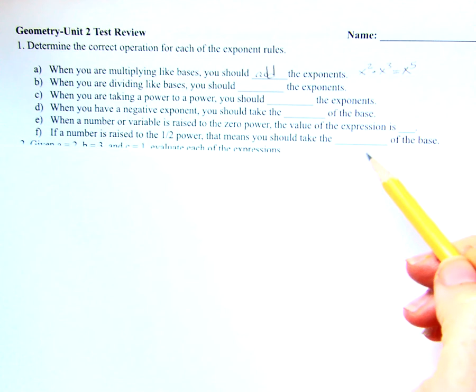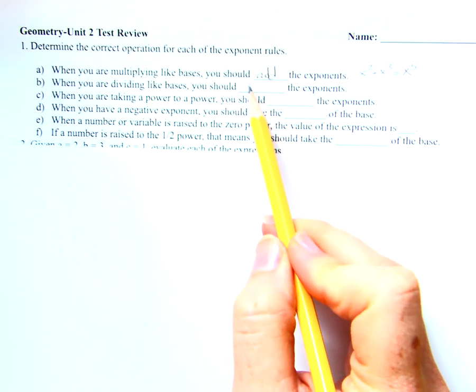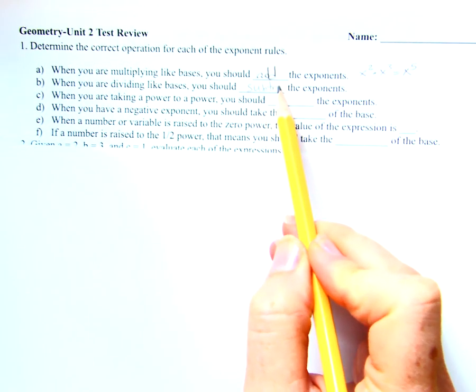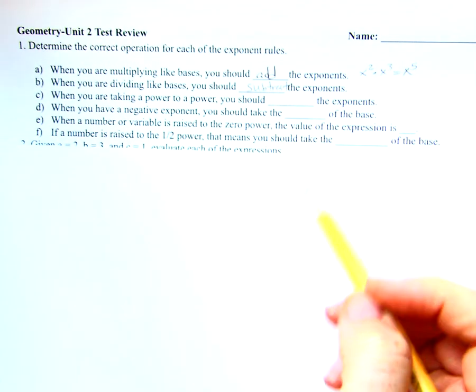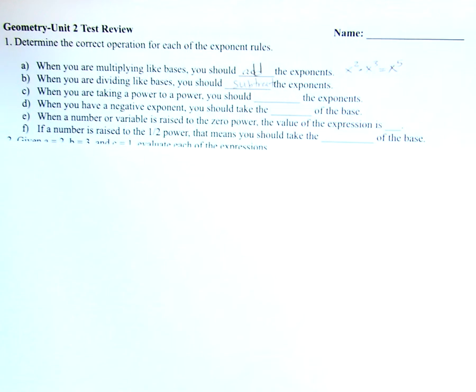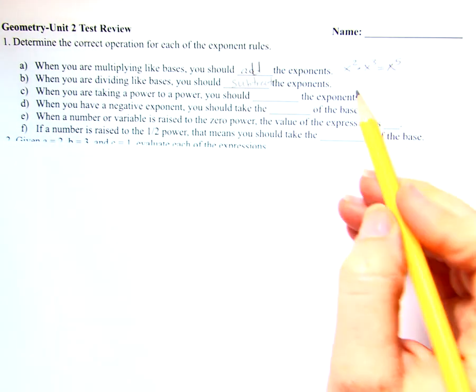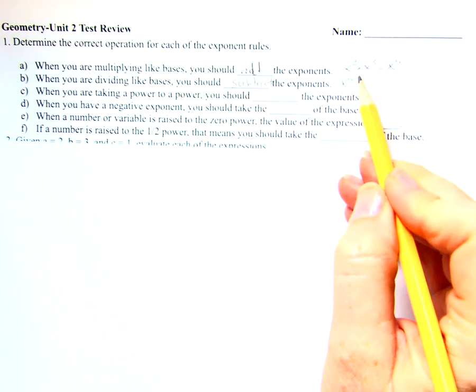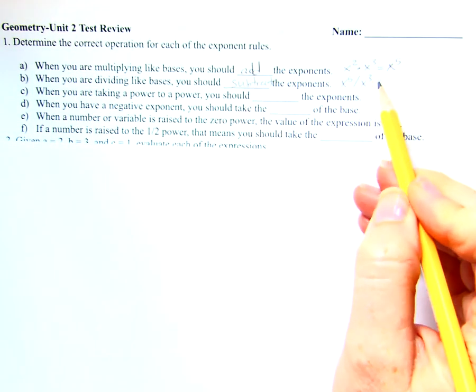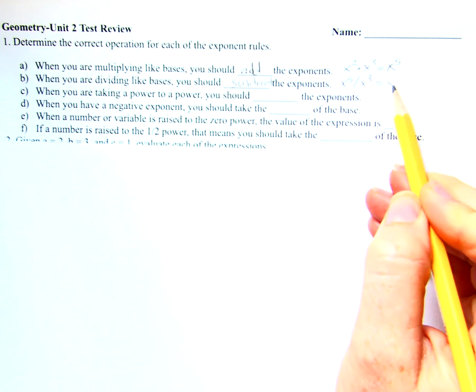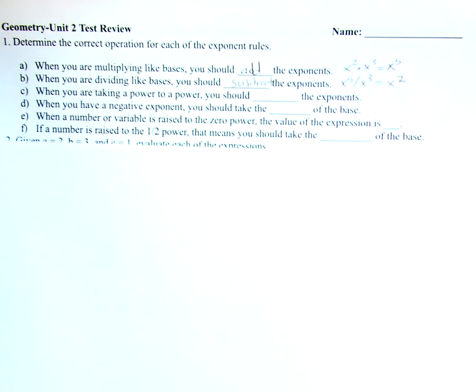If you are dividing like bases, you should subtract the exponents. For example, x to the fifth divided by x to the third would be 5 minus 3, which is x to the second.